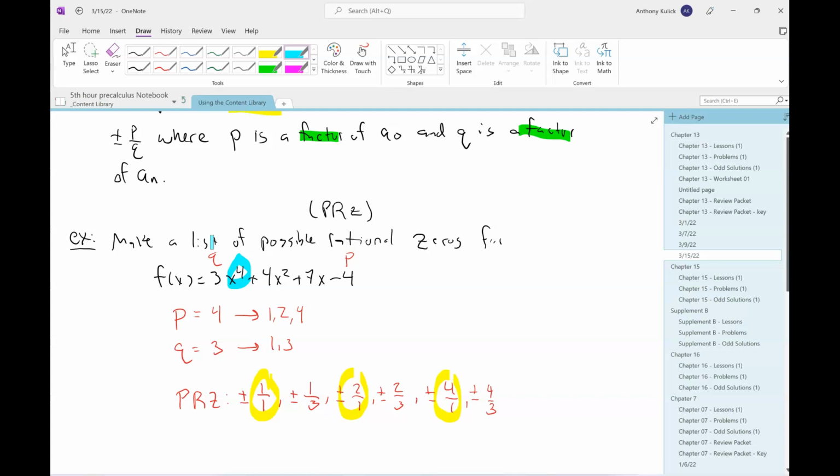But it could also have 4 x-intercepts, and they could all be non-rational, right? The term we use for that is irrational. Like the zeros could be negative square root of 2, positive square root of 2, negative square root of 3, and positive square root of 3. None of those are on my list here. Is everybody cool with that? That even though we've made this list, we don't really know anything for sure.